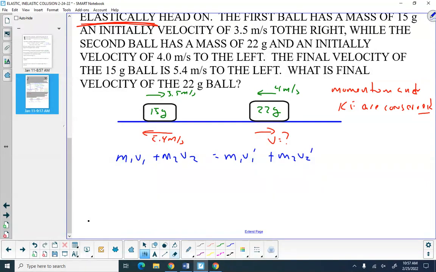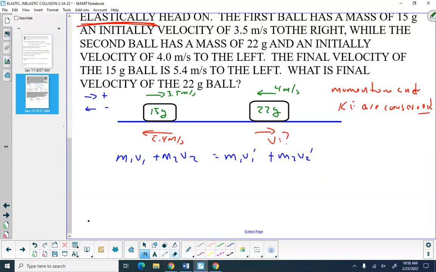Now what you have to watch out for here is velocity, we have to worry about directional ideas. If I go to the right being positive and to the left being negative, so if I'm moving in this direction, I am positive, and if I'm moving in this direction, it is negative. I need to put a positive or negative sign in with this.